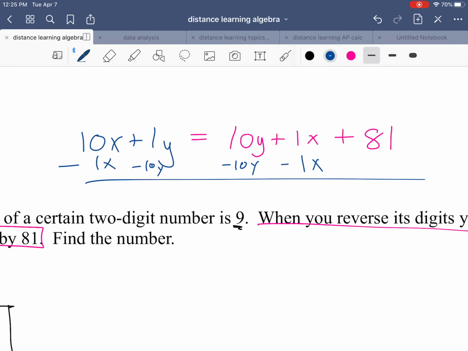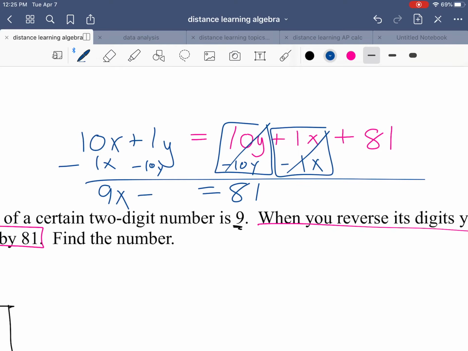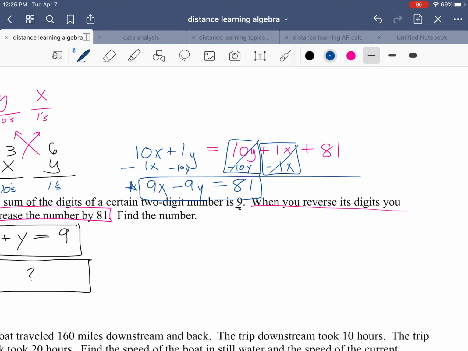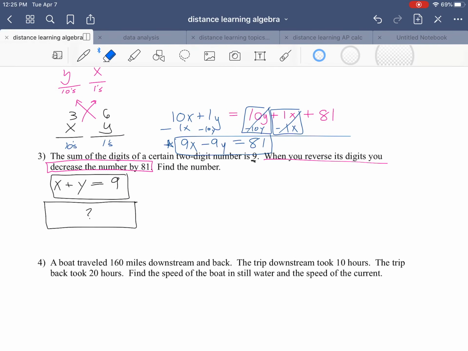At the same time, I'm going to subtract 1x from both sides. This side, everything except for the 81 cancels. This side, I get 9x minus 9y. And there is my second equation. So 9x minus 9y equals 81.